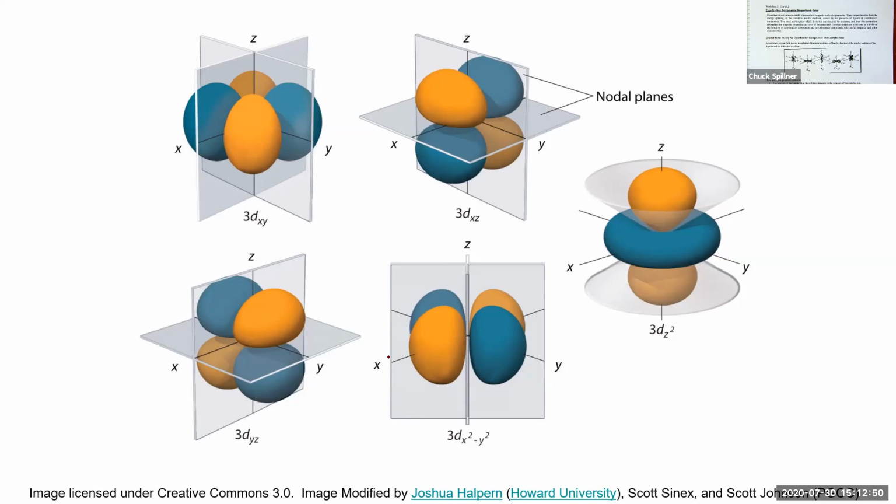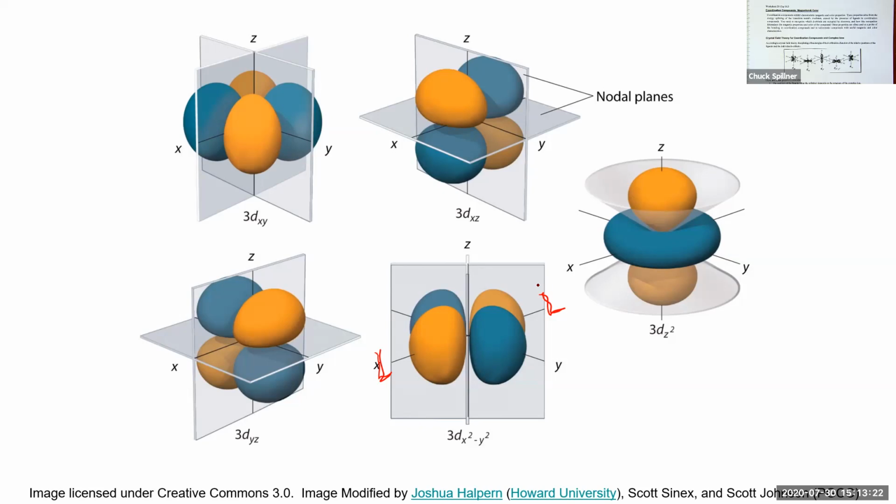The ligand might just be on the x-axis. Well, if that's true, it's going to really impact the dx squared minus y squared, because those orbitals are right on the x and y axes. So the ligands could be there for linear, or they could be along the y-axis for linear. So that dx squared minus y squared orbital is going to be really impacted by the ligands.